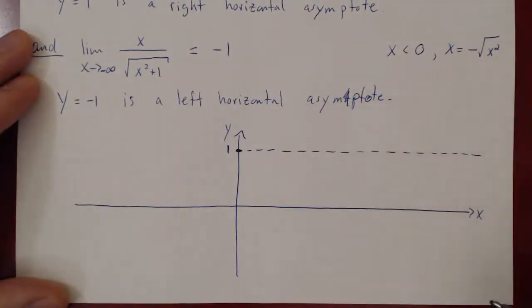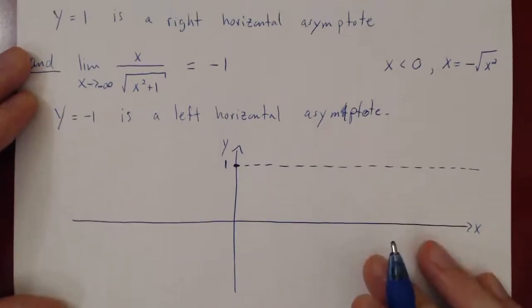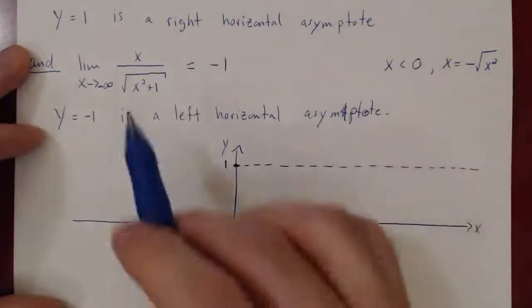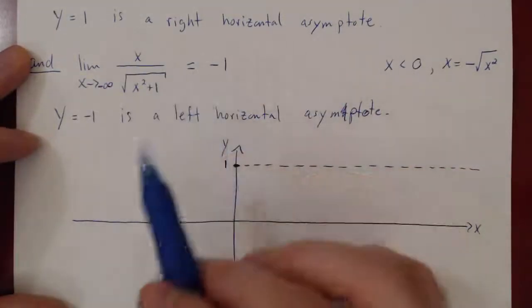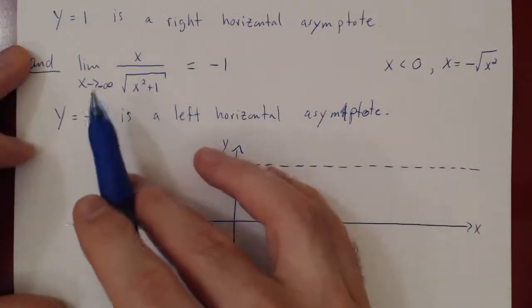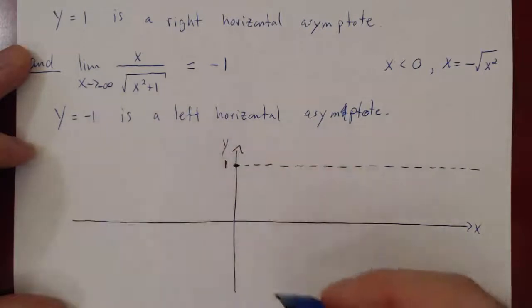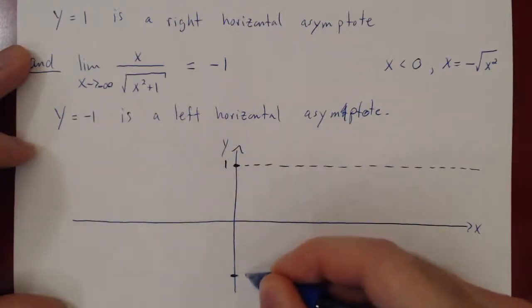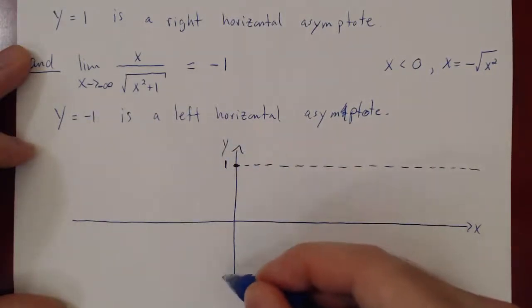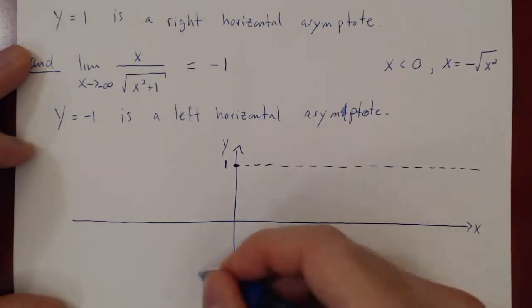So here's our right horizontal asymptote, but the function also approaches negative 1 from the left as x approaches negative infinity. So here's the value y equals negative 1, and we will have our left horizontal asymptote.